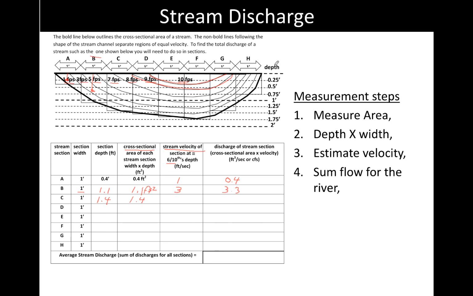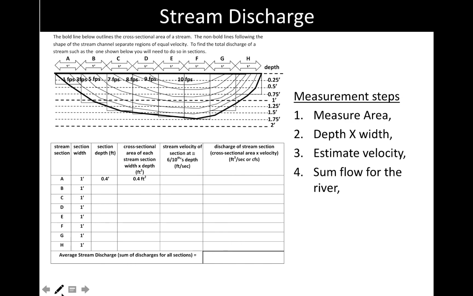Next step, you got it. We got to figure out, well, what's the velocity? So we have the velocities in here in this set of contour lines. So we're going to drop down 6/10. The depth of this thing is 1.4, which is here.